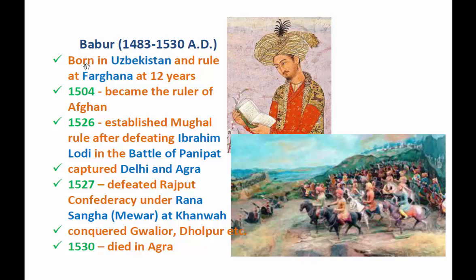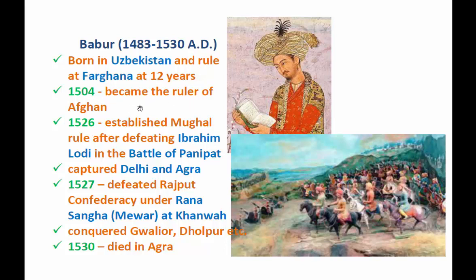Basically, he was born in Uzbekistan, and he ruled at Fargana in Uzbekistan itself at the age of 12 years. But the Uzbeks turned him out of Uzbekistan, and in 1504 he became the ruler of Afghanistan.